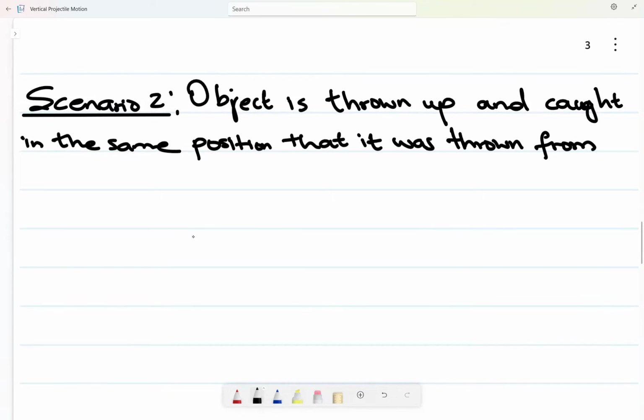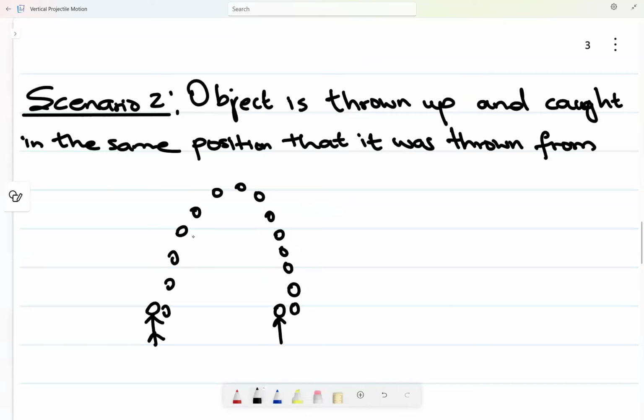So what does that mean? This means, okay, let's say we have a boy here. This boy throws the ball upwards. Remember, when he throws the ball upwards, we try to make a parabolic shape, right? So now assume that the very same position here is the position of the boy.